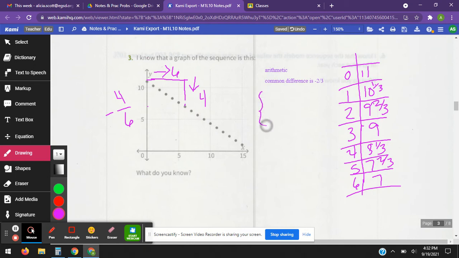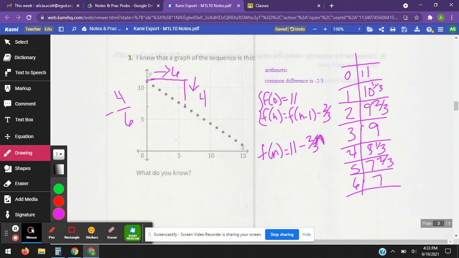All right, so f of 0, that's our first term, is 11. And then f of n equals f of n minus 1, and we take away 2/3. And then our explicit, we start with 11 and we subtract 2/3 n times, right?